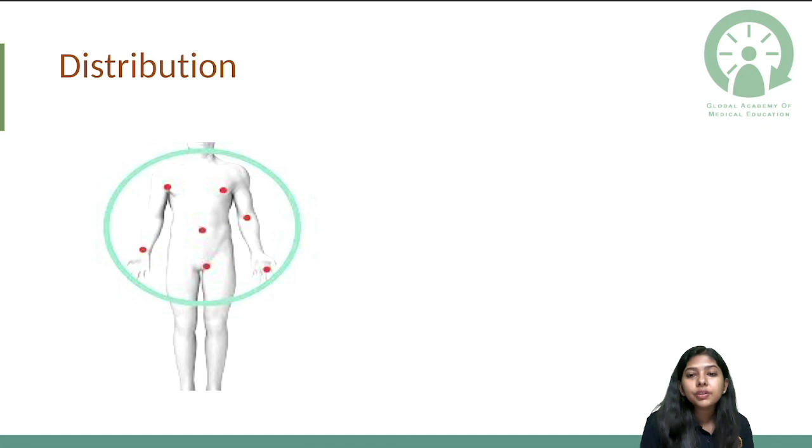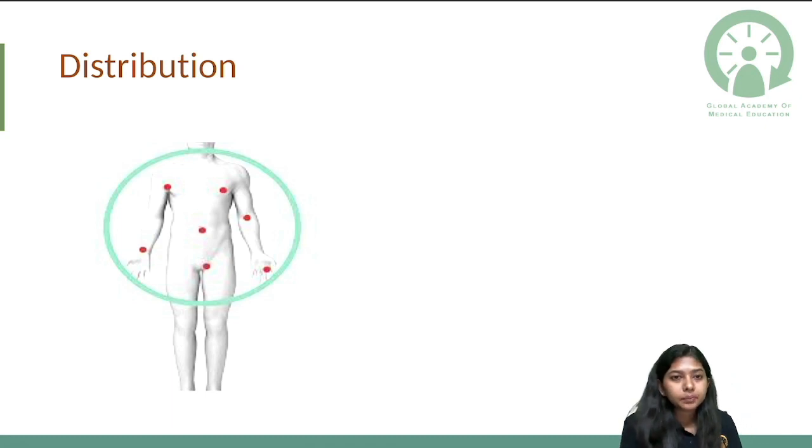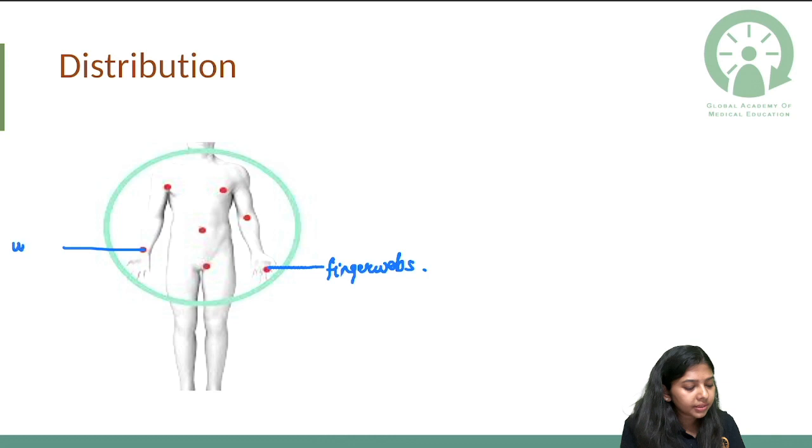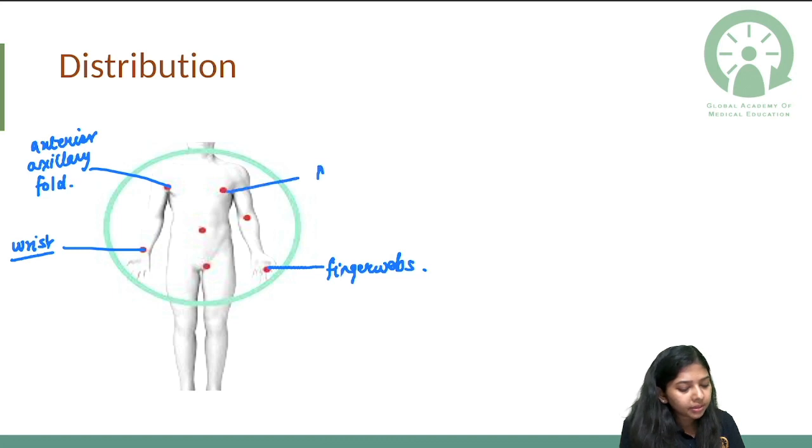Now what is the classic distribution of scabies? So you have lesions in the finger webs, we looked at it. Then you have lesions on the wrist, okay. Then you have lesions in the anterior axillary fold. Then you have it in the mammary area.